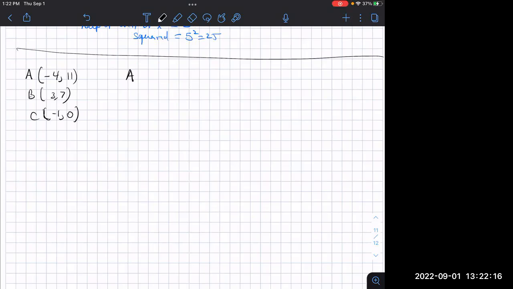So since you already did it, let me do it quickly and then you compare with what you have. So AB should be (3 minus -4) squared plus (7 minus 11) squared. So that's 7 squared plus 4 squared, right?